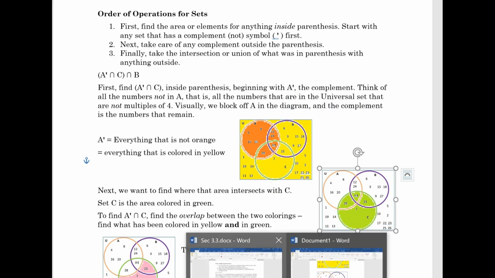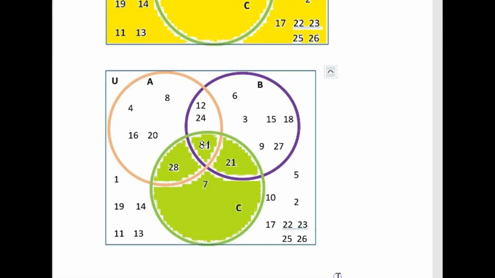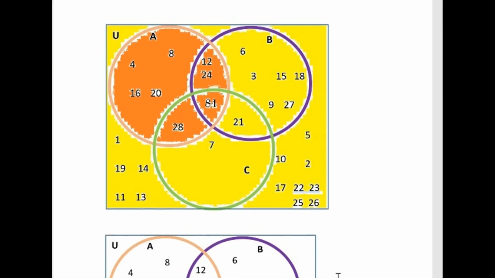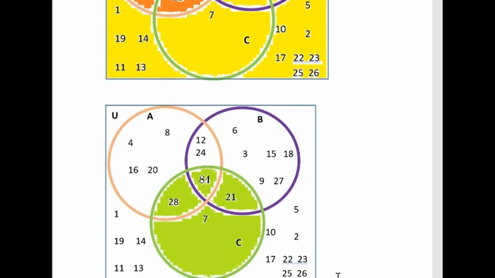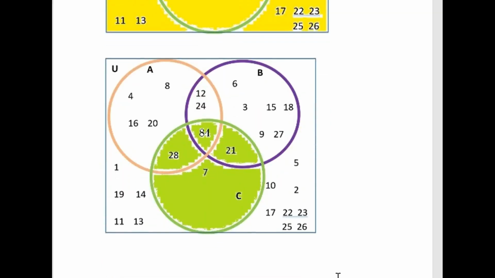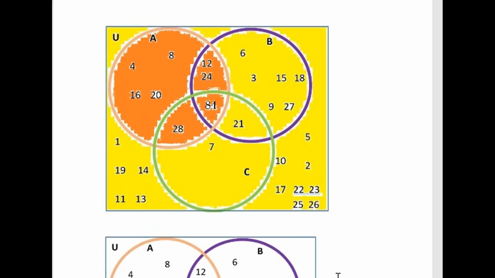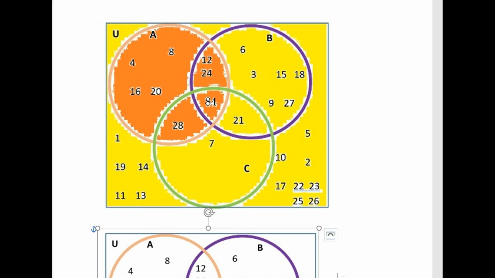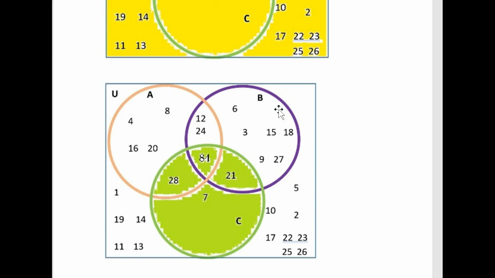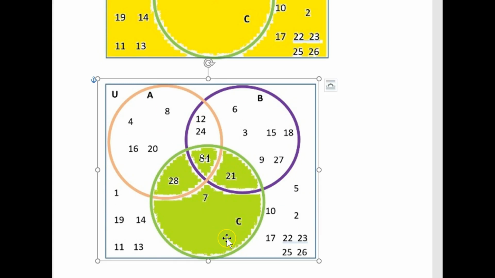So let's go back and look at these 2 pictures. So here's what I colored in yellow, and here's what I colored in green. Where do those 2 colorings overlap? In other words, what have I colored in both yellow and in light green for C?